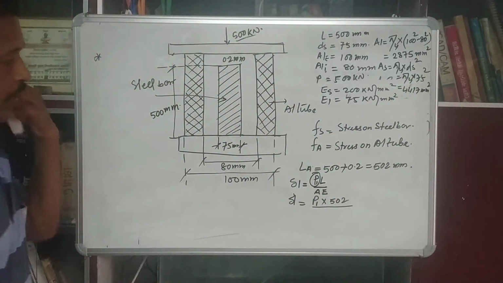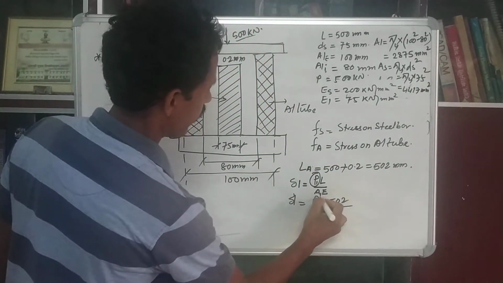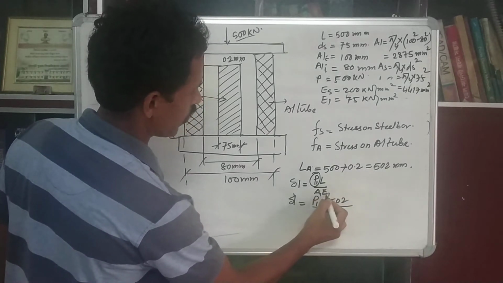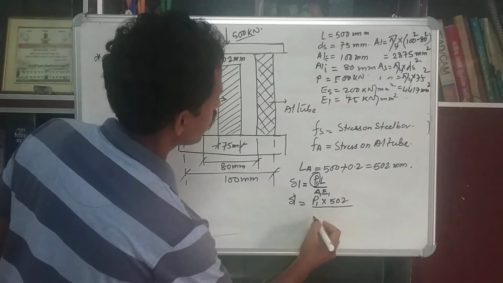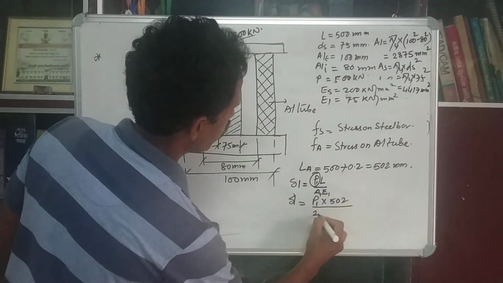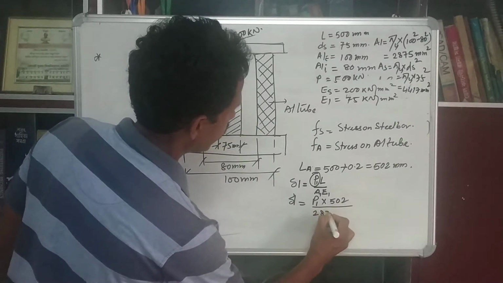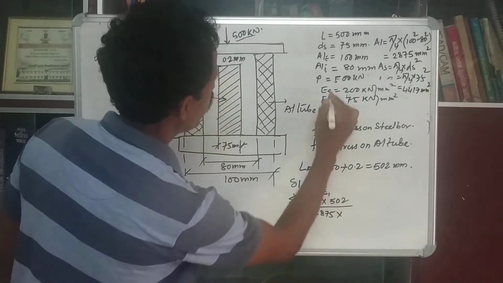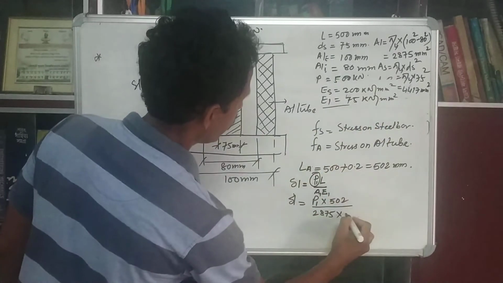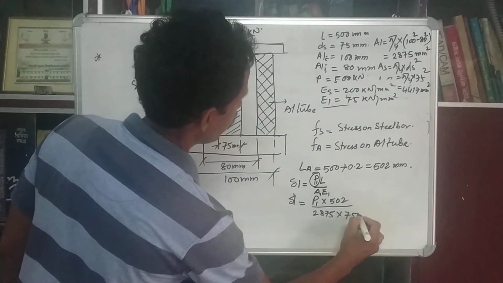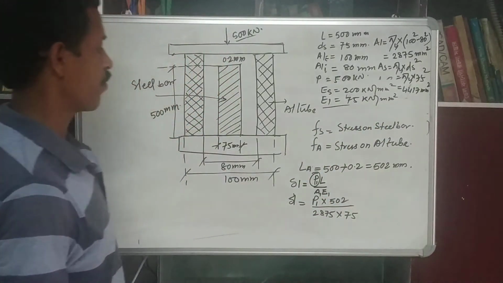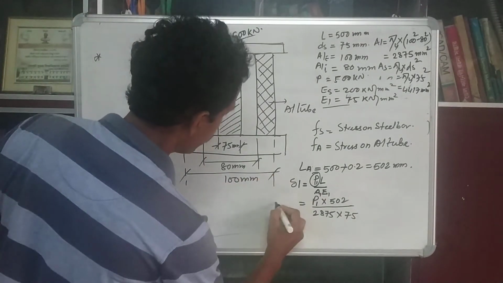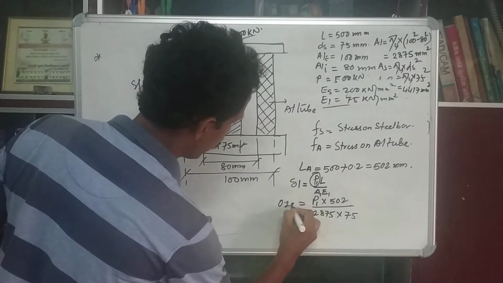Now area of aluminum tube into Young's modulus of aluminum: 2827 into 75 kilonewton per mm square, and del L is equal to 0.2.